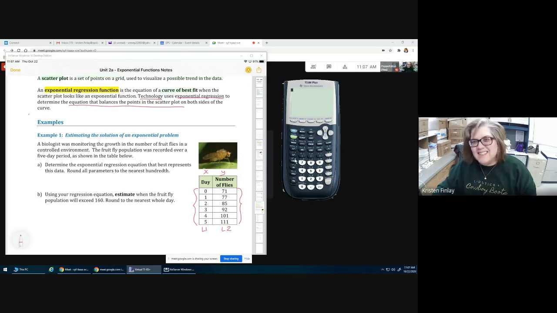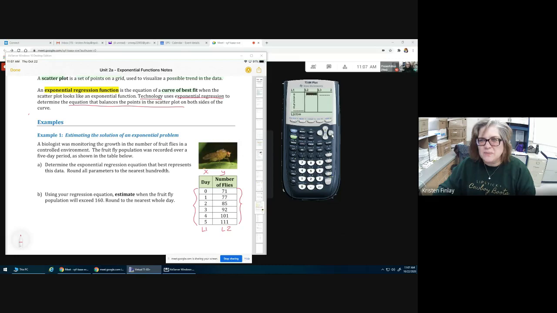So let's start by clearing everything. So my y1, it's all clear. I'm going to go to stat, enter, and I'm going to enter my data in my lists. So 0, 1, 2, 3, 4, 5. That's my list 1.